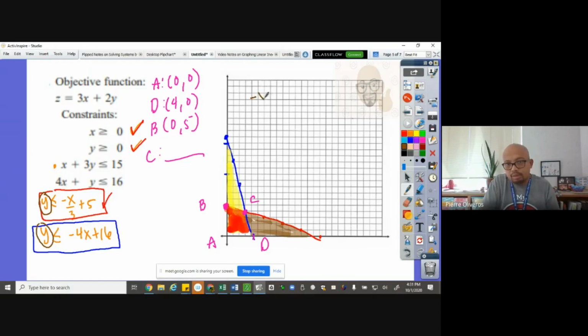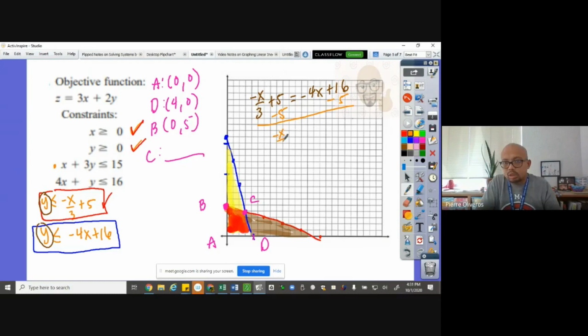I'm going to put here negative x over 3 plus 5 is equal to negative 4x plus 16. I'm going to assume that they're equal because I will apply a system of linear equations, using the substitution method. So I'm going to combine the like terms, minus 5 here, minus 5 there.